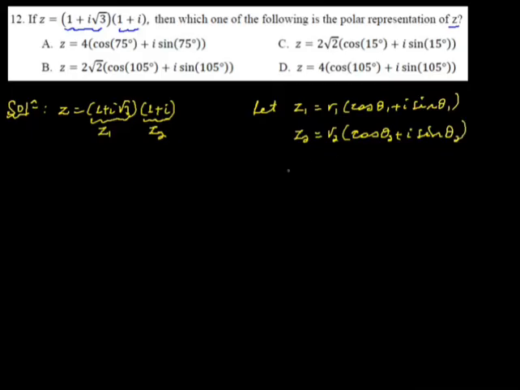There is a certain property. The product of these two complex numbers, Z1 times Z2, expressed in polar form, is written as r1 times r2 into cosine of theta 1 plus theta 2 plus i times sine of theta 1 plus theta 2.